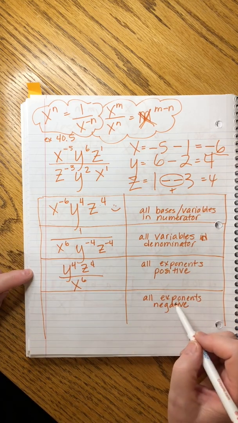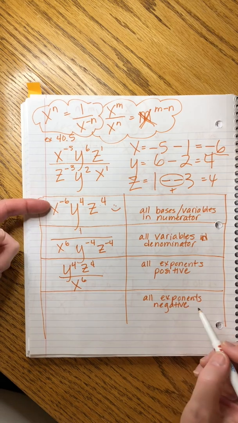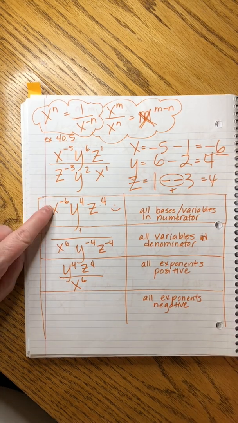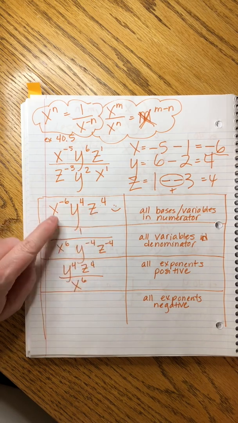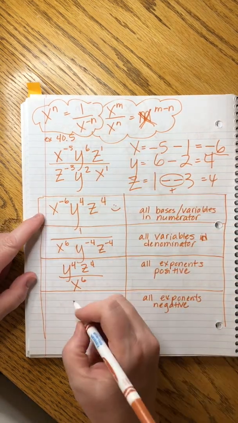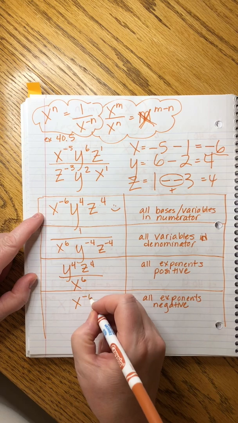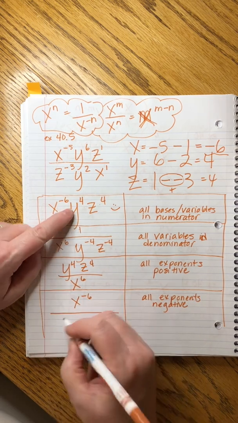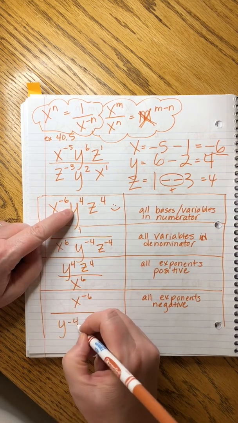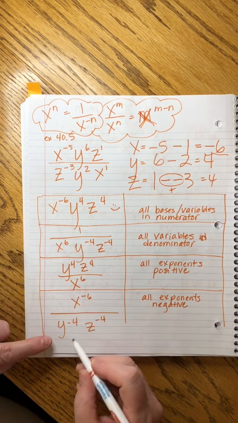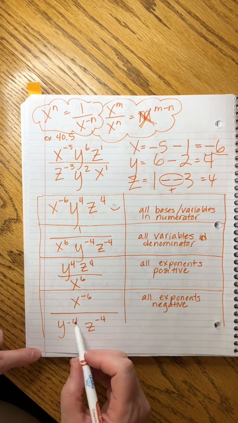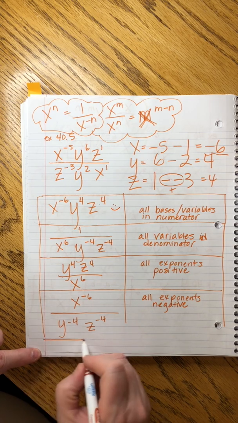Okay, all exponents negative. Again, we go back to our original calculation. We see, okay, x is fine because he's negative. These guys, we're going to boot them downstairs, again, using this rule. So it will be x to the minus 6 up top, and then y to the minus 4th, z to the minus 4th. That looks a little big, but that's the exponent, that's the base.